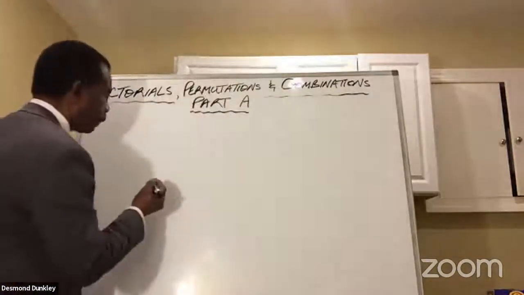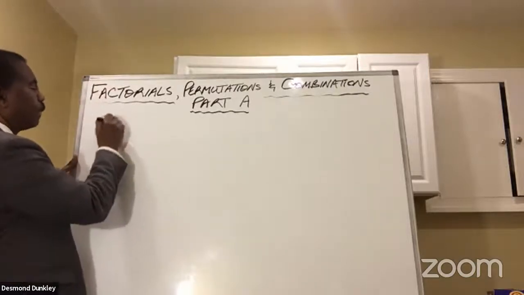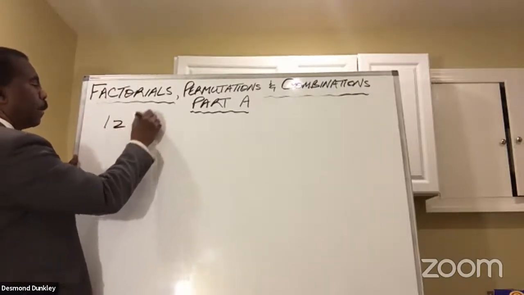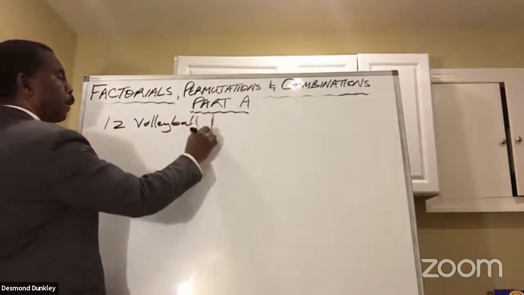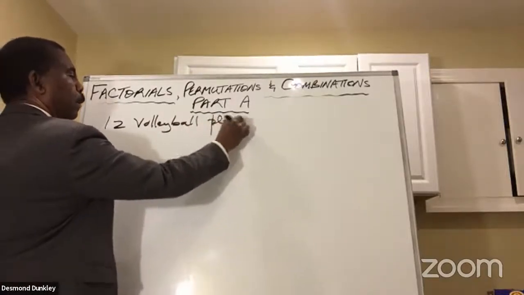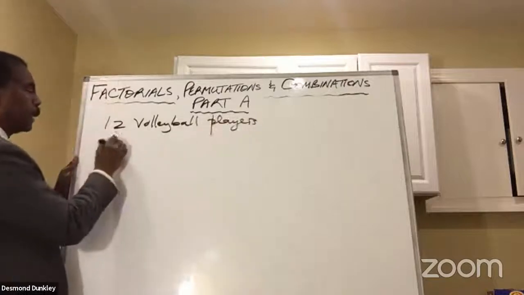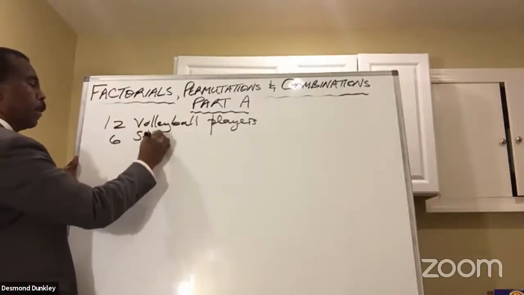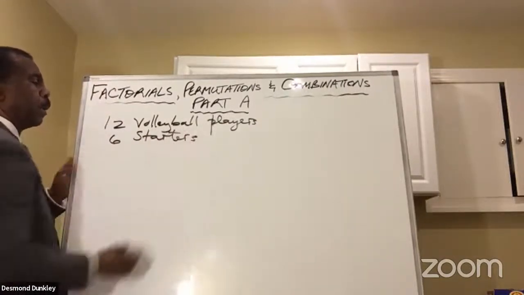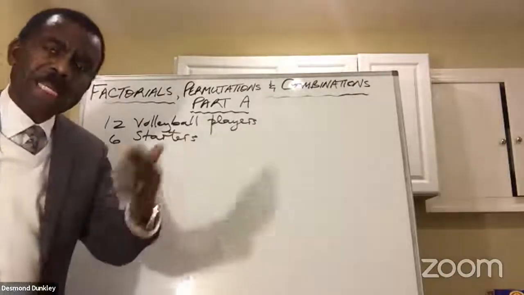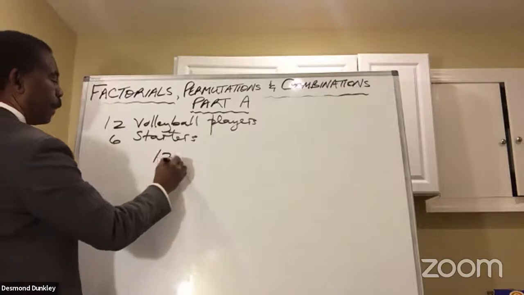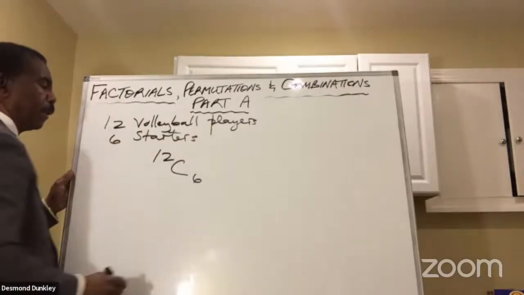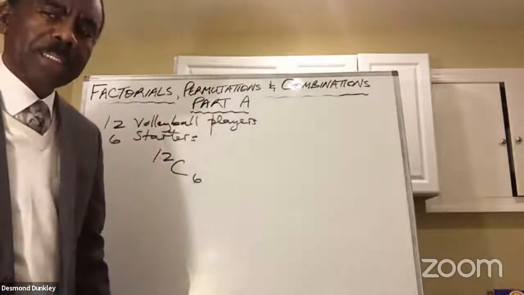So you have 12 volleyball players and then 6 starters. So how many ways can I select my 6 starters? So the answer is 12C6 because the order is not important.